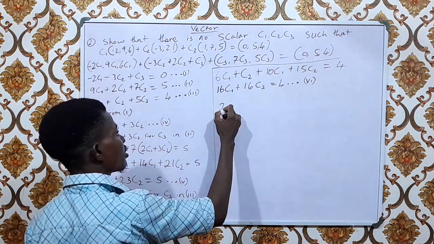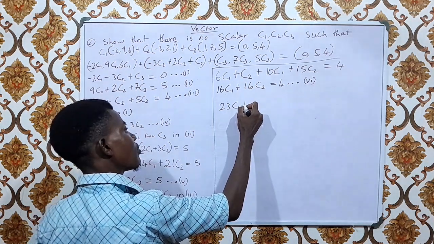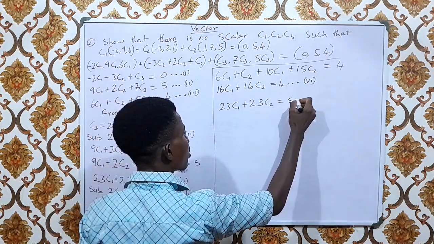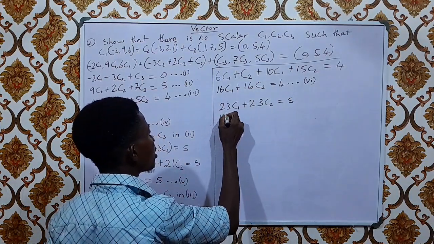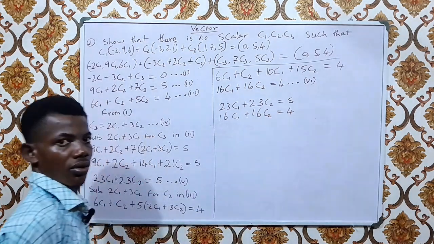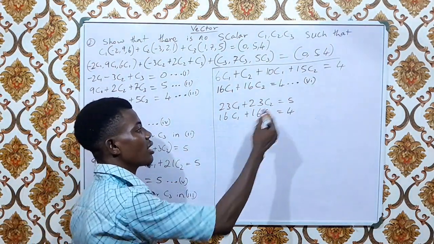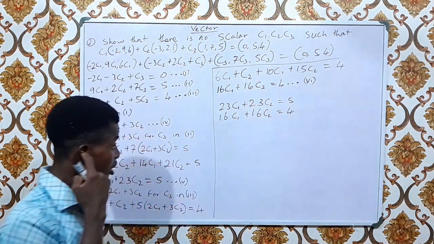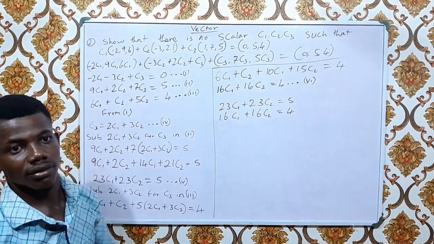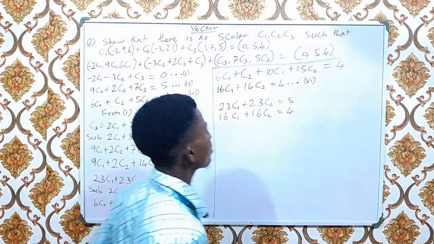We have 23C1 plus 23C2 equals 5, and 16C1 plus 16C2 equals 4. This is now a simultaneous equation of 2 variables. Before, it was under 3 variables. So, as we have this, how do we solve this?